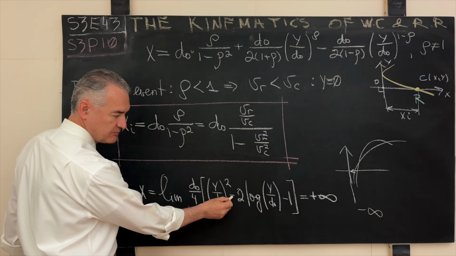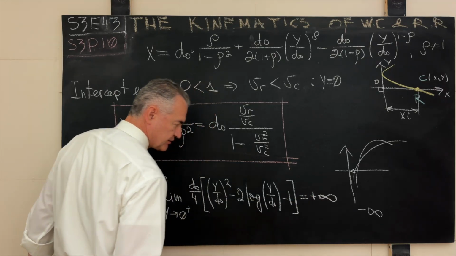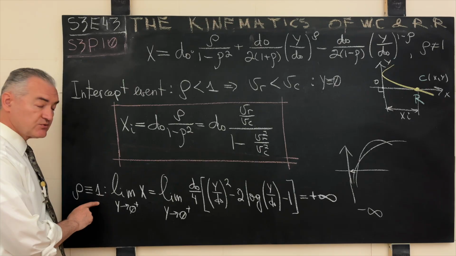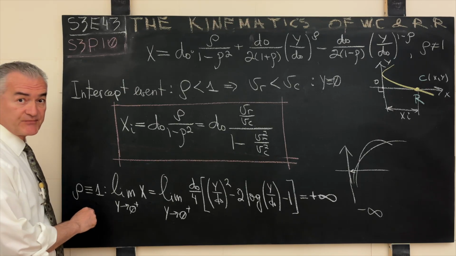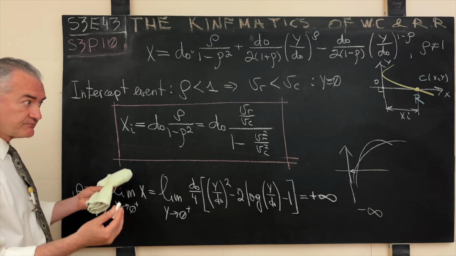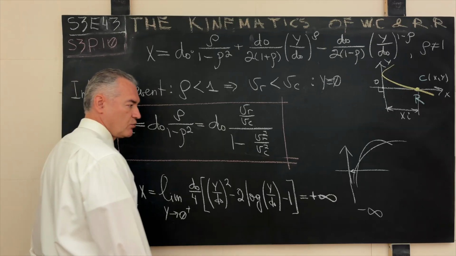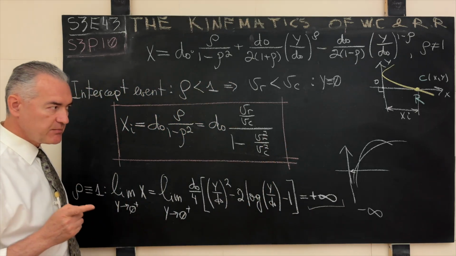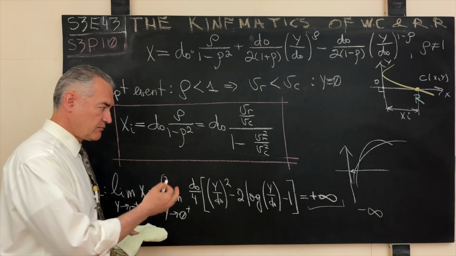Negative infinity, minus times minus is plus, so the limit in this case of this expression will be positive infinity, which is to say that when the ratio of the velocities of the runner and the chaser is the same, both run at the same speed, then the intercept event, if you will, happens at the point at infinity.